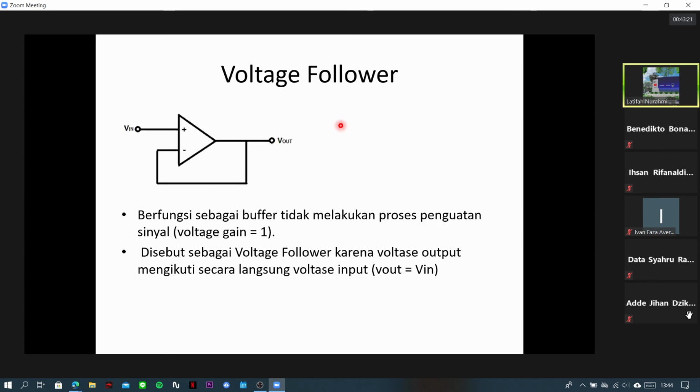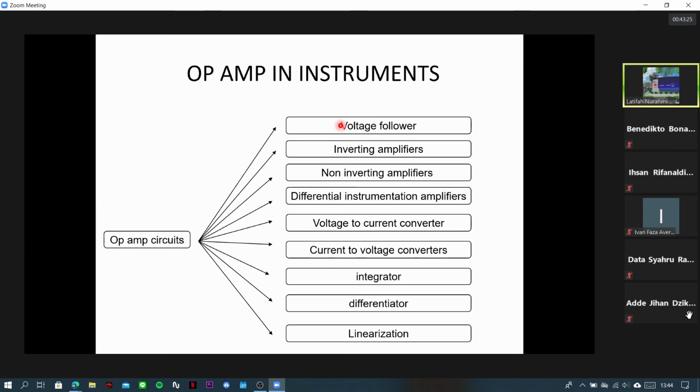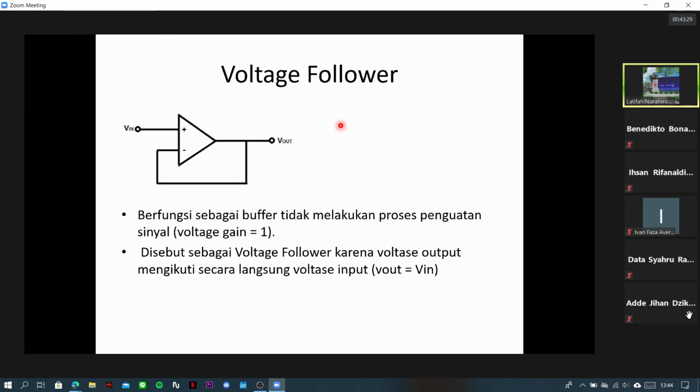Let's take a look a bit at the voltage follower. This is the simplest application of operational amplifier in instruments. It is simply defined by this symbol. We'll take a look in more detail on Monday.